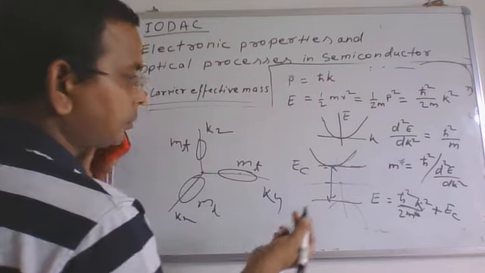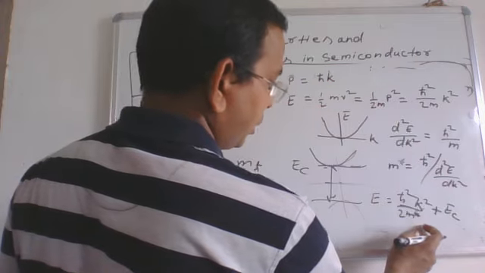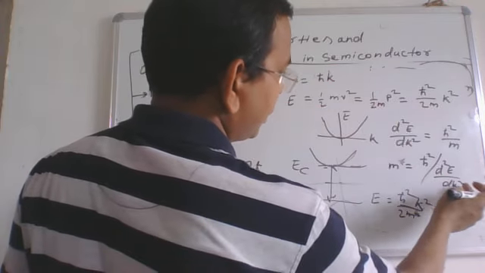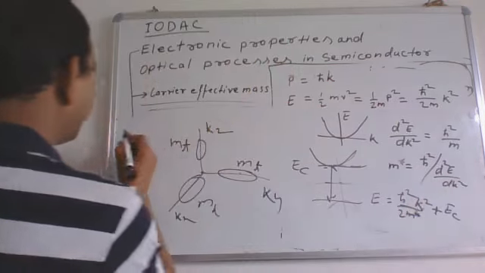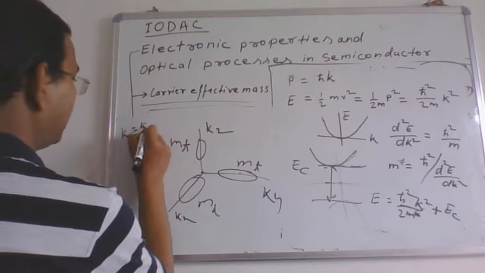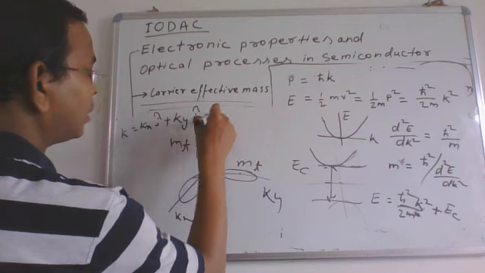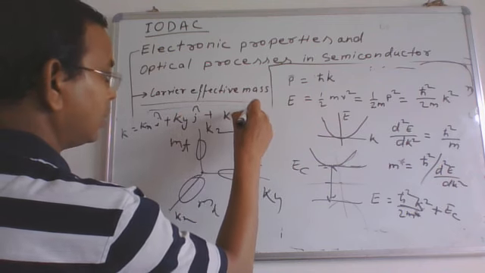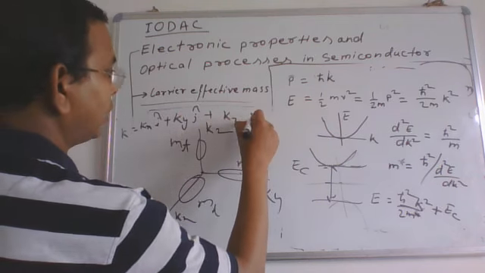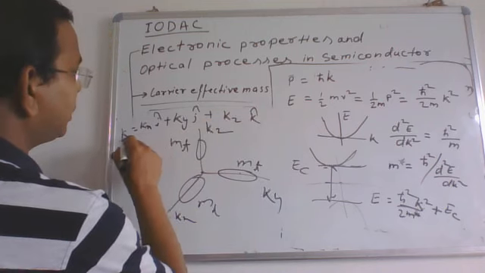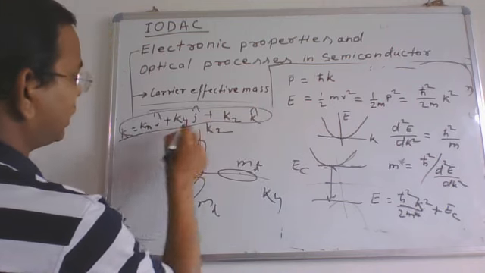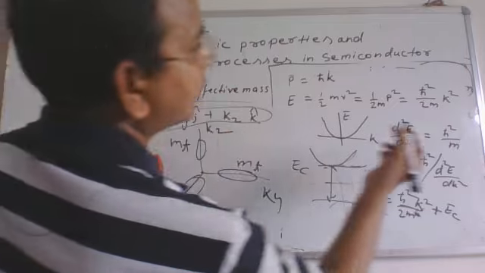So we take m star as nothing but the derivative of E with respect to k, and k is equal to kx i cap plus ky j cap plus kz k cap. So k is the summation of all these vectors x, y, z, where kx we can find from here.